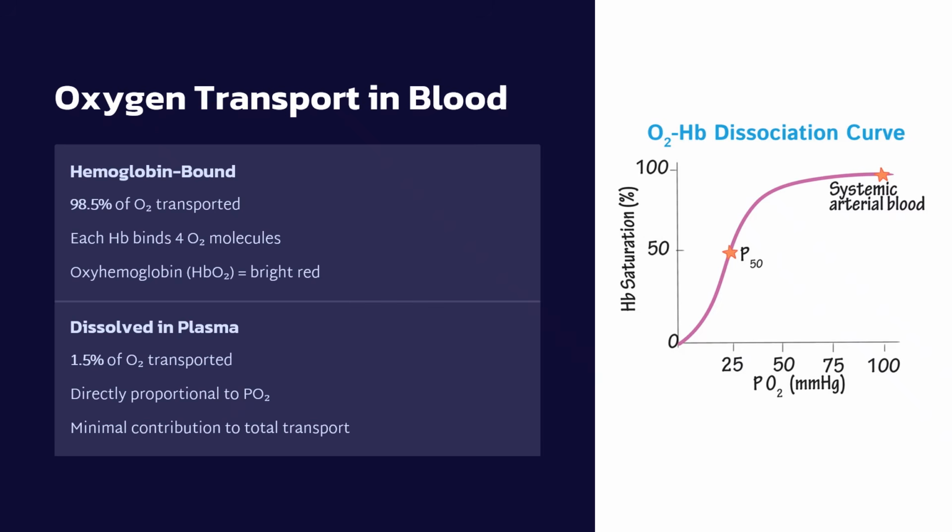And a small amount, around 1.5%, is dissolved directly in the plasma. This dissolved oxygen is what creates your partial pressure, or your PO2, that drives diffusion and helps determine how much oxygen binds to your hemoglobin.